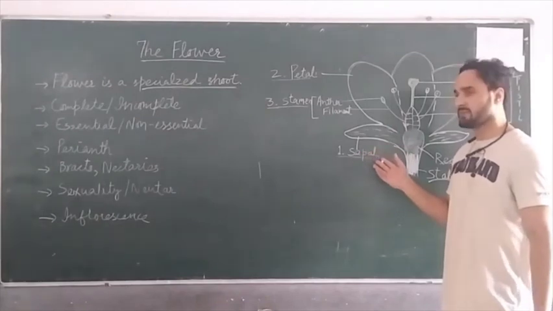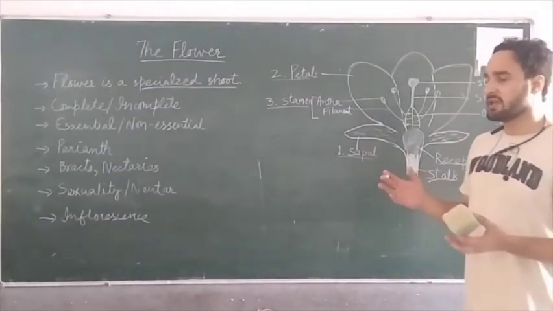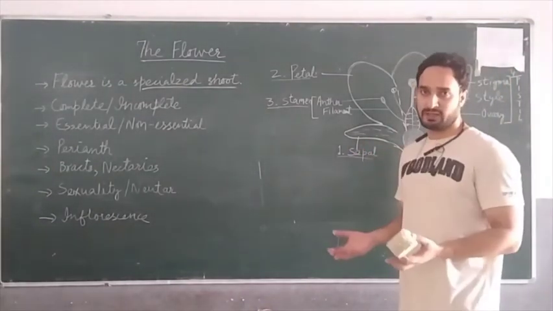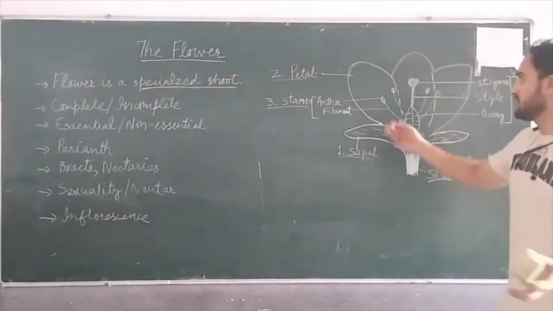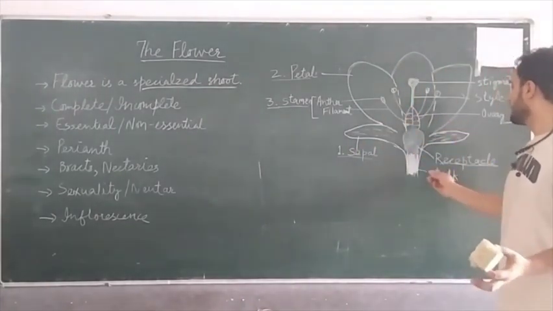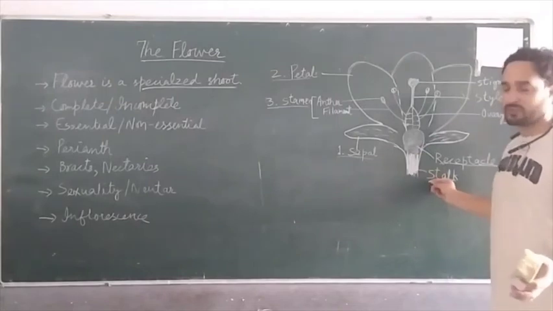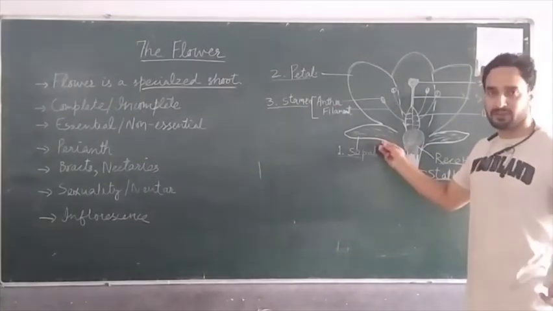Now coming to the different parts of a flower. The flower is arranged into 4 whorls on the stalk. The first whorl is the sepal.